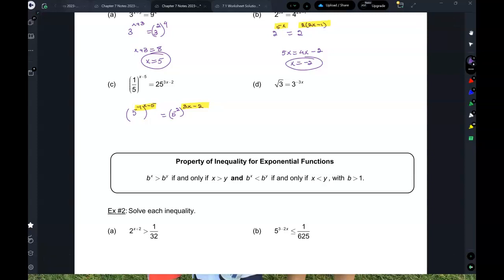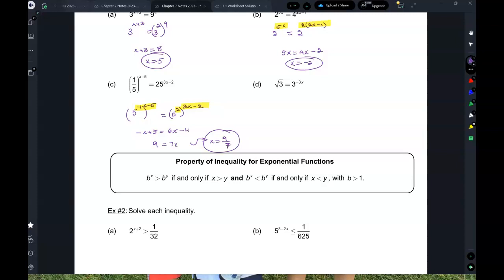So I'm going to get negative 1 times x minus 5, negative x plus 5, equal to 6x minus 4. So 9 is equal to 7x. That means x is 9 over 7. And that's okay, so we get a fraction. It's fine. Questions?